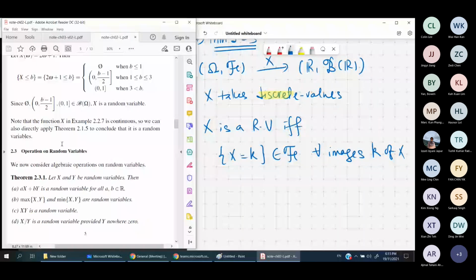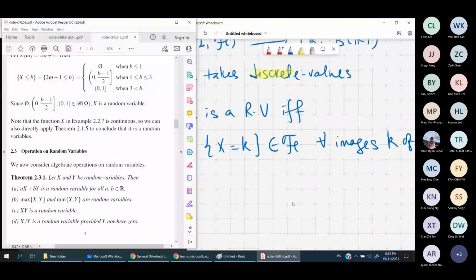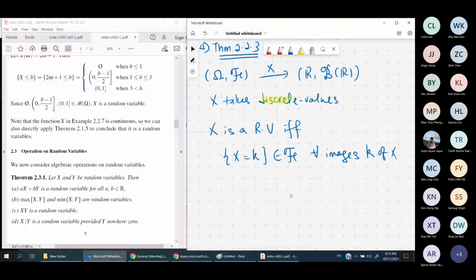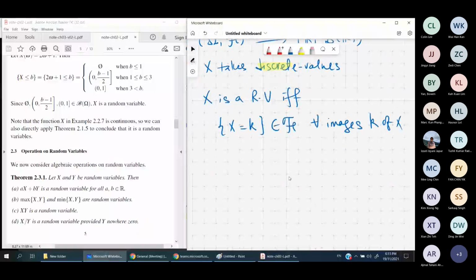Okay, and next one, maybe some important things for it. Just some important points, number 5. First of all, we know continuous functions, including increasing functions or decreasing functions.